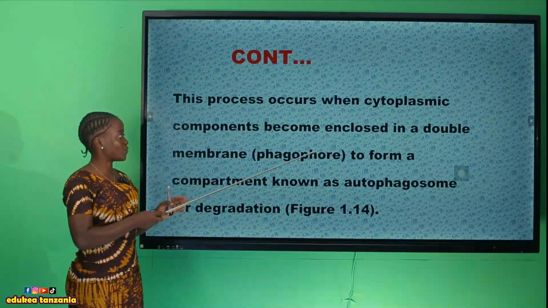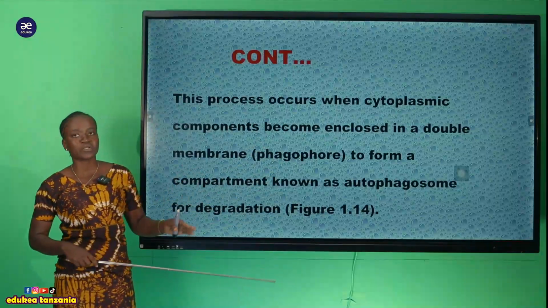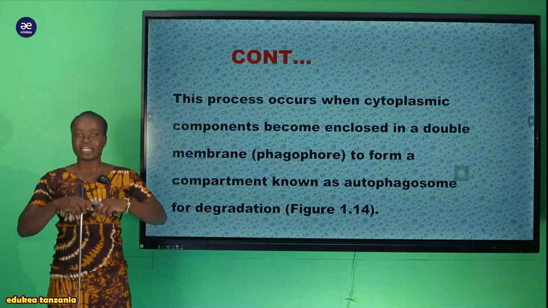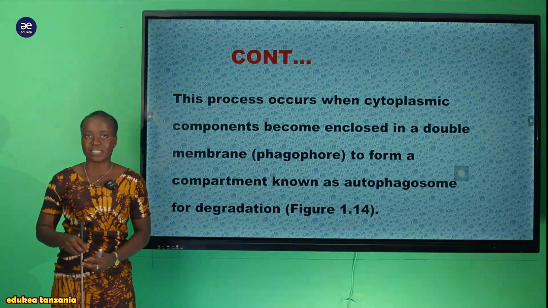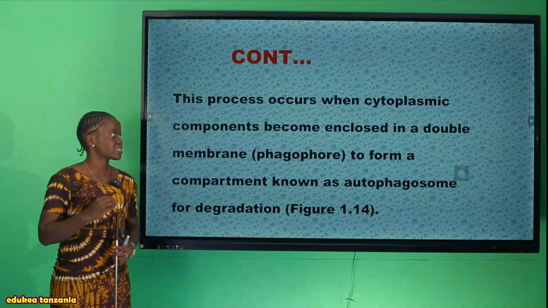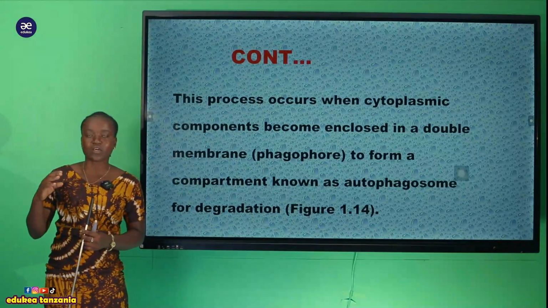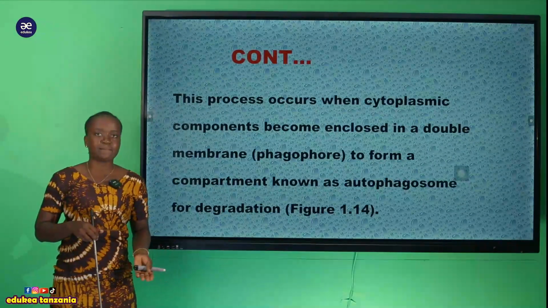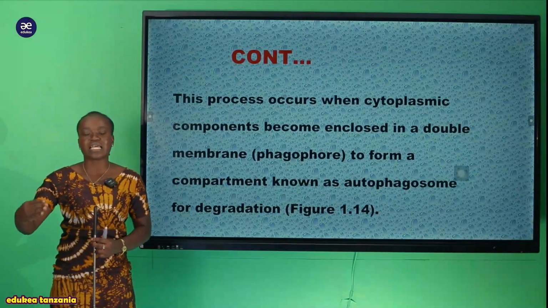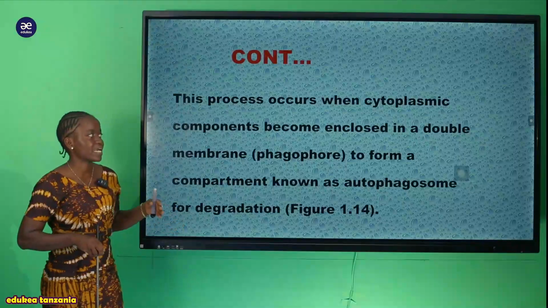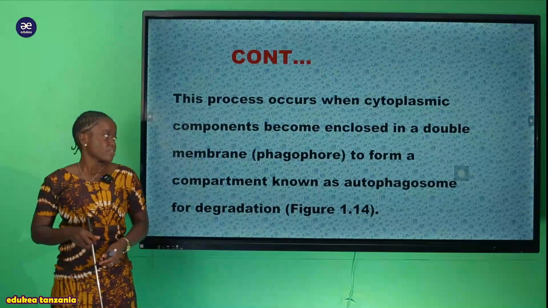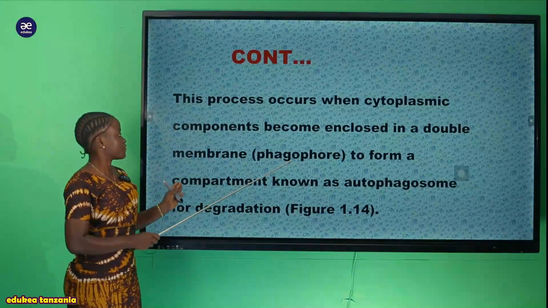That's why here we have said that cytoplasmic components become enclosed with a double membrane of the cell membrane of a cell. So pale ambapo sasa zile cellular components, for example, let's take the Golgi apparatus, come closer to the cell membrane, ndipo ambapo sasa hii process ya autophagy takes place au inatokea. So simply here now you can see it forms a double membrane.